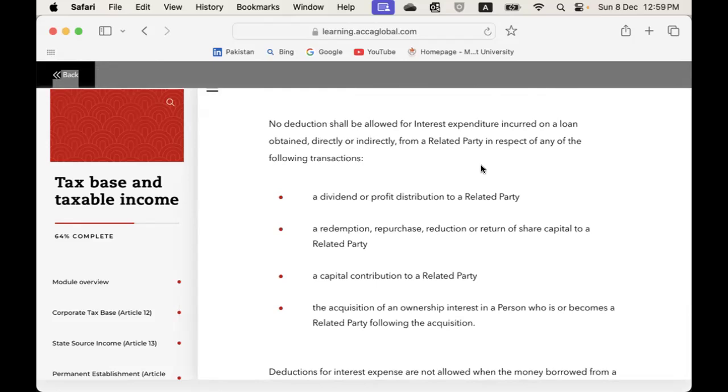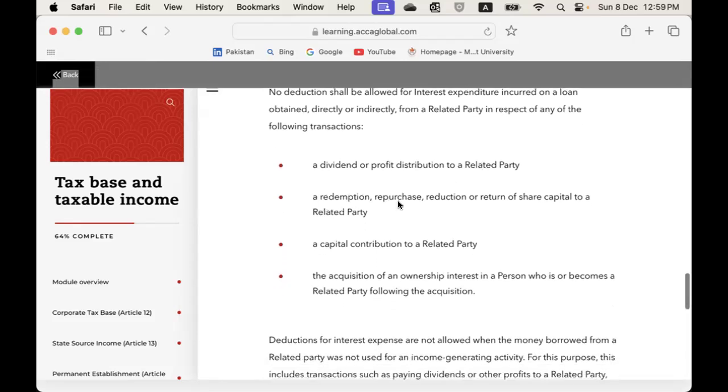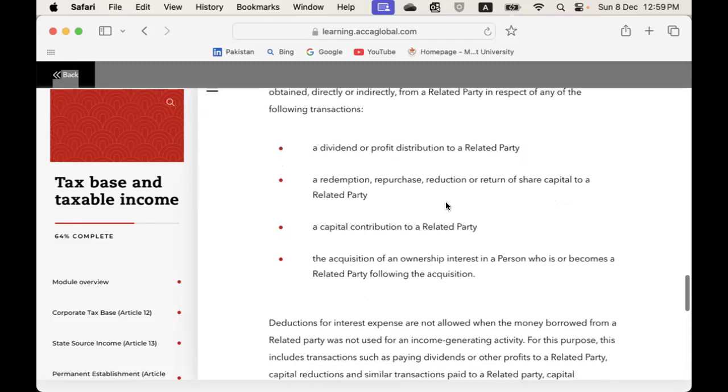That's a clear architecture of creating tax avoidance. A redemption, repurchase, reduction, or return of share capital. So these are activities of a capital nature basically. If you're taking a loan to redeem shares or do some equity changes, that's not allowed.